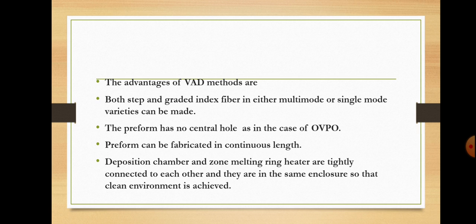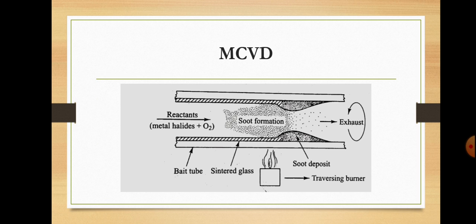Here there is no central hole in VAD, and the preform can be fabricated in a continuous length. Also the deposition chamber and zone melting ring heater are tightly connected to each other and are in the same enclosure, so that a clean environment is achieved. So that is all about the VAD method.